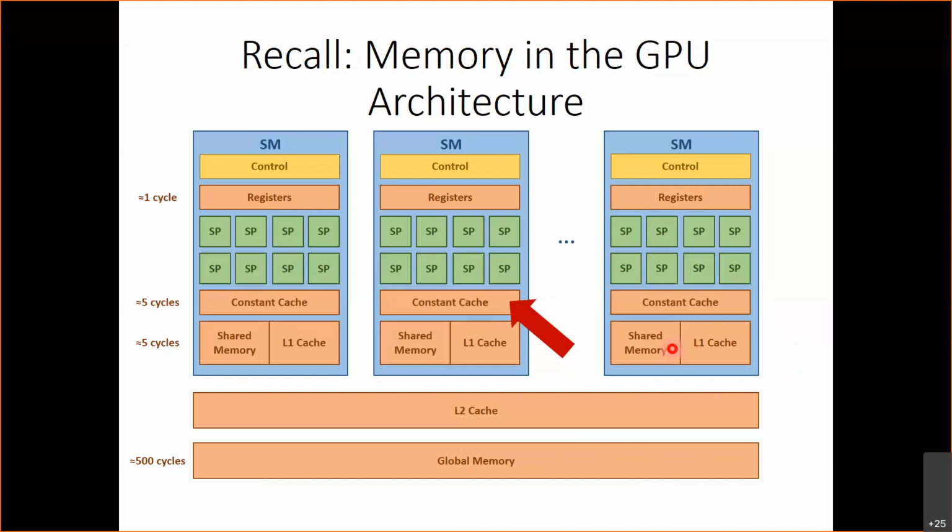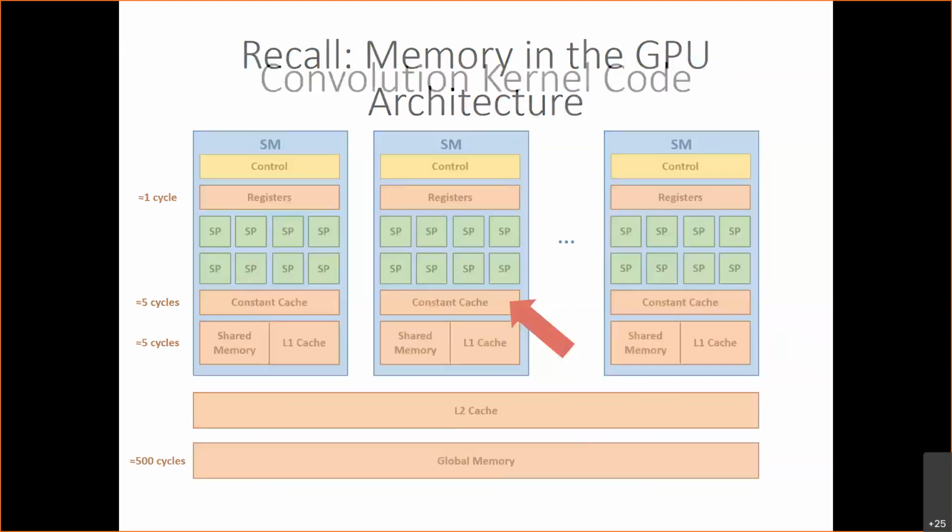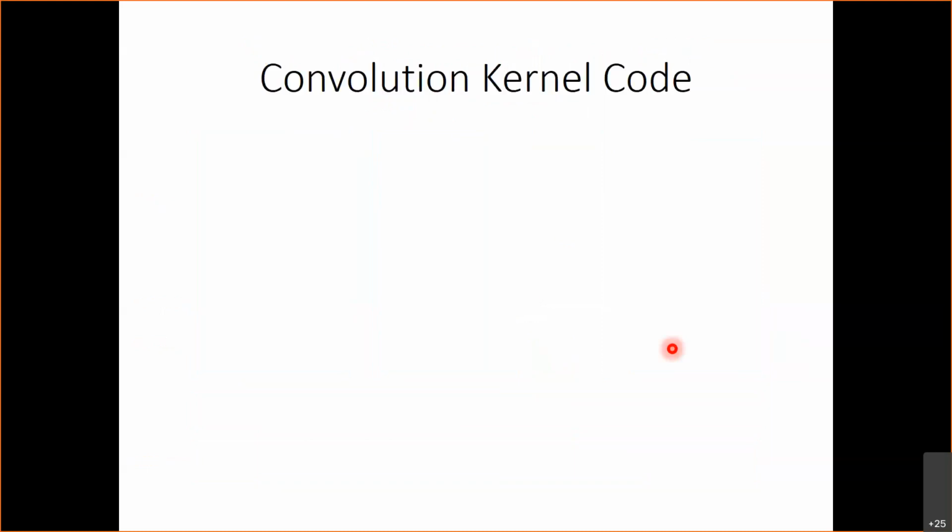Okay, so having said this, now we've seen how to allocate constant memory, and we've seen how to copy to the constant memory. The next question is, how can we use this constant memory inside of our convolution kernel code? So let's go now and write the convolution kernel.